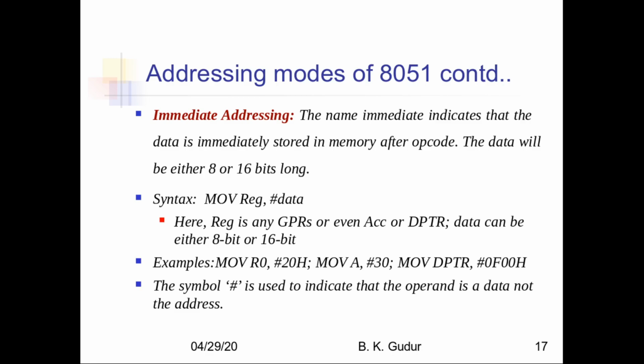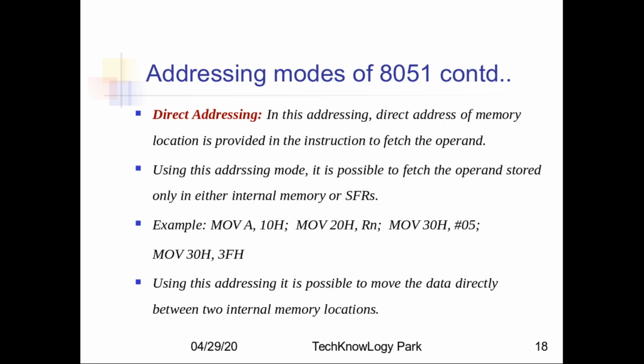Because the data itself is available in code memory, this type of addressing is called immediate addressing.